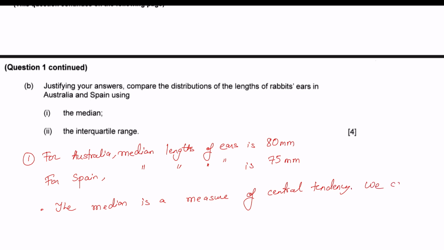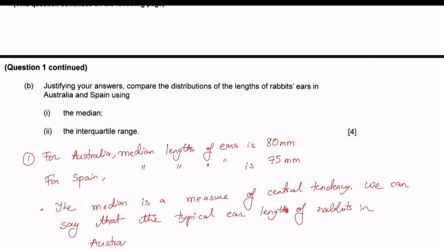We can say that the typical ear length of rabbits in Australia is longer than in Spain.